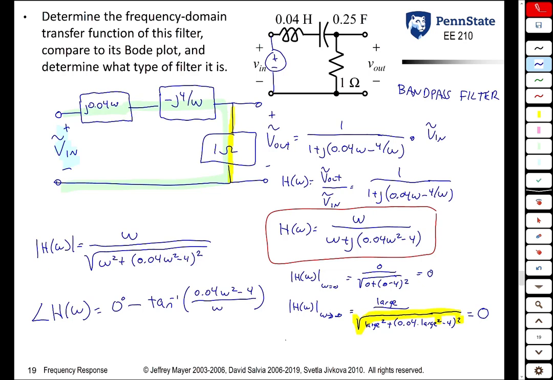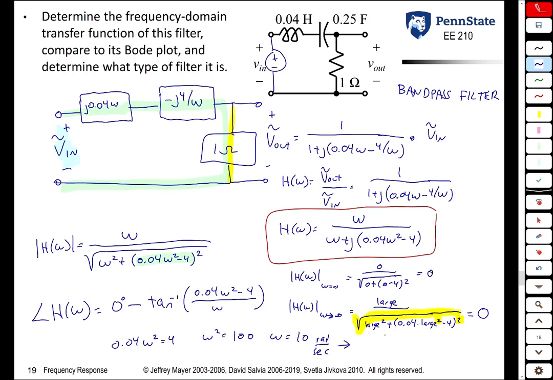Finally, let's look at the frequency where that part equals 0. So if you set 0.04 omega squared equal to 4, or omega squared of 100, or omega equals 10 radians per second, what do we get?